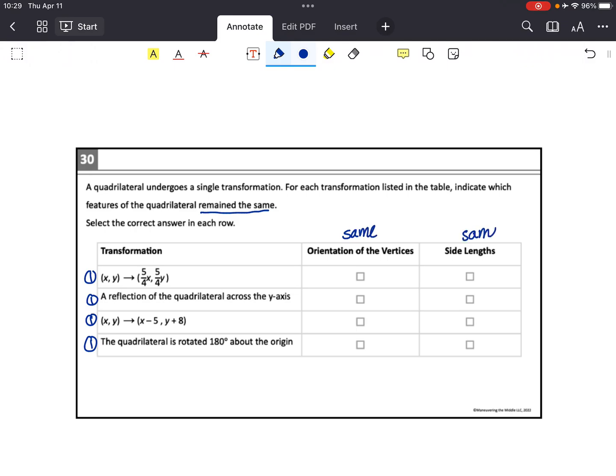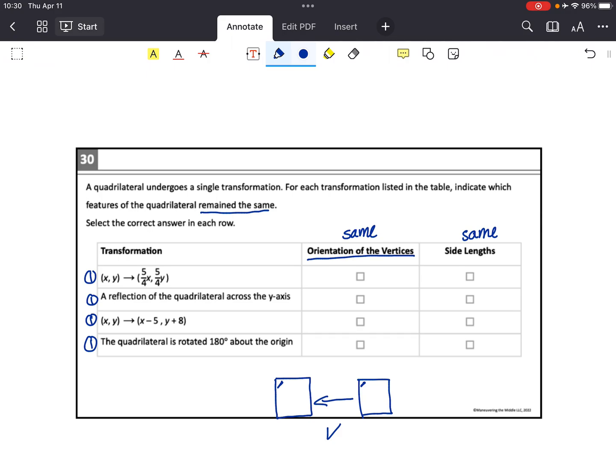length stayed the same. Now, orientation of vertices just means that if I have a quadrilateral, so let's say a piece of paper, like this packet that you're looking at, if I have a staple in this top left corner, if I then move this piece of paper to the left, is the staple going to remain in this top left corner? If so, then your orientation of the vertices stayed the same.